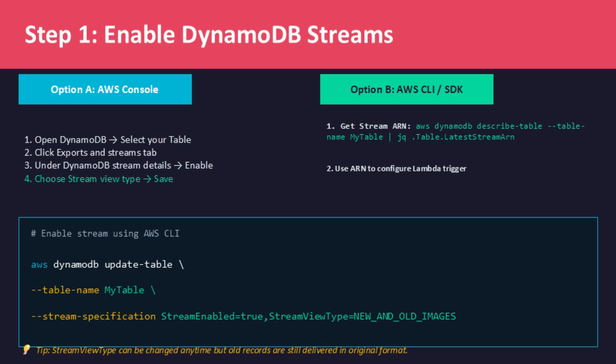Or if you prefer the command line, which is great for automation and infrastructure as code, here's the command. You can call aws dynamodb update-table, pass your table name, and specify the stream specification. In this case, we are using new and old images. After enabling, DynamoDB will give you a stream ARN. You will need that to wire up your Lambda trigger in the next step.